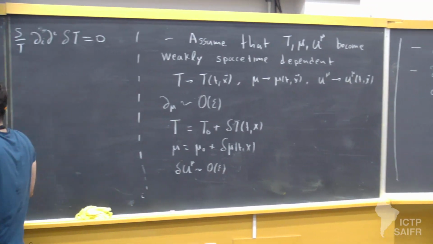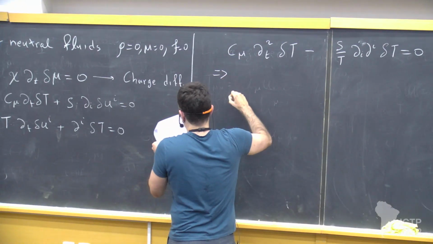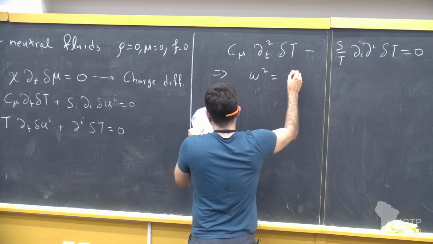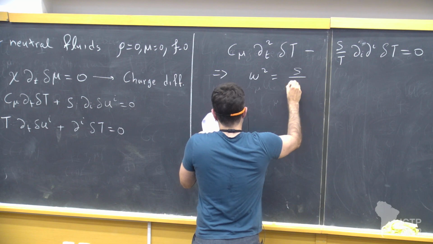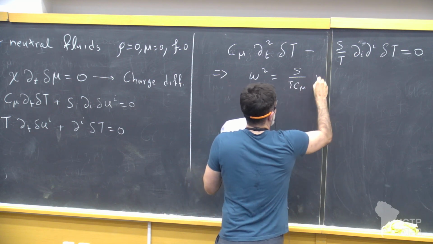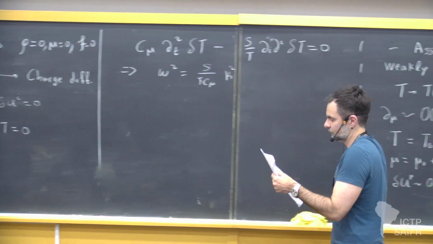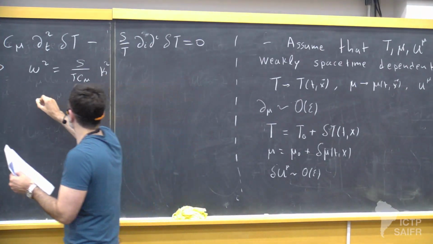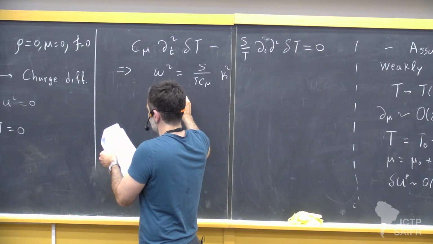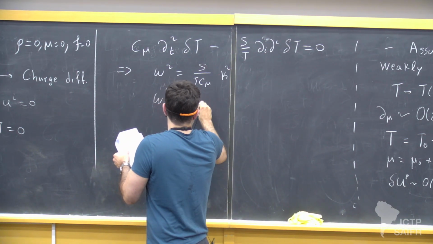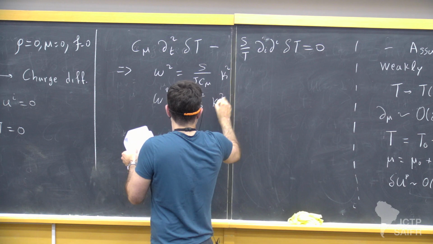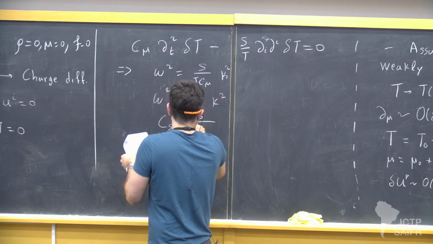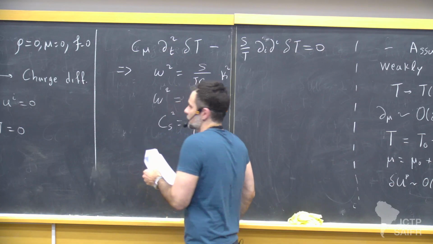So this is giving me now a pair of modes with frequency omega squared is s over T nu k squared. That's a closed system. So this is called the sound mode. Okay? So I can also write this as omega squared is the speed of sound squared times k squared, where the speed of sound squared is entropy over T times the heat capacity of the system.